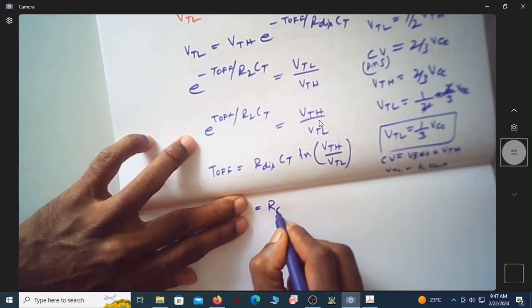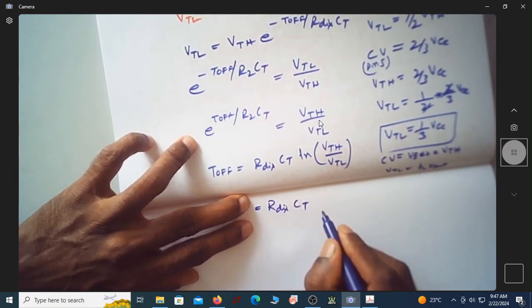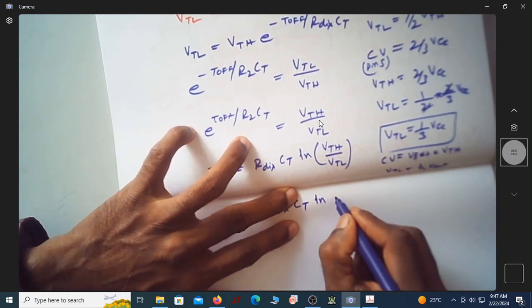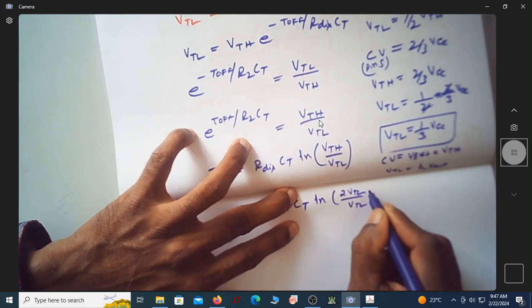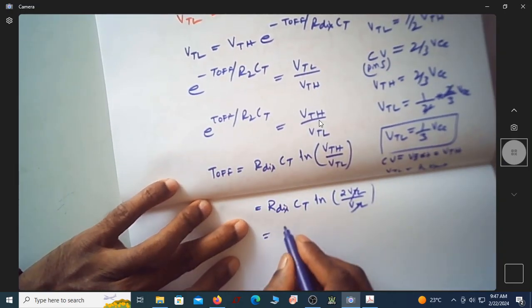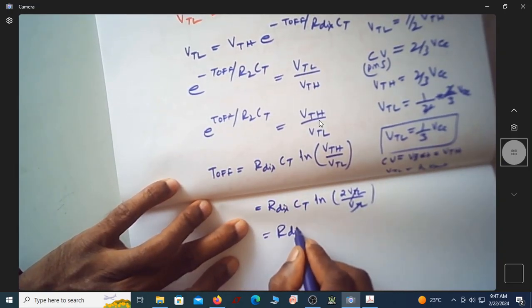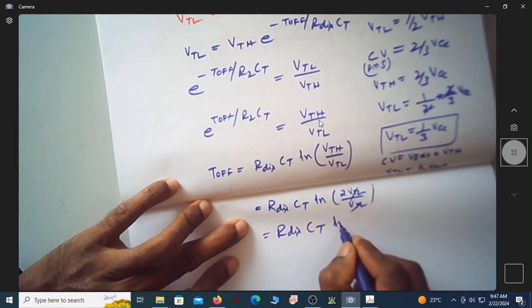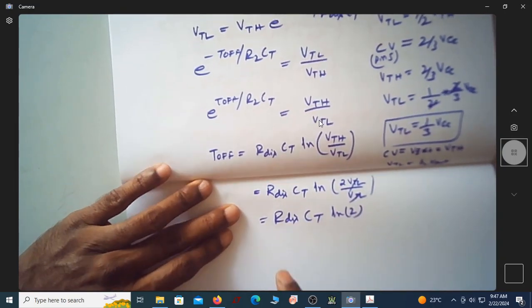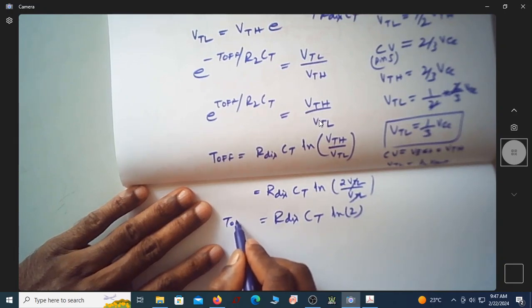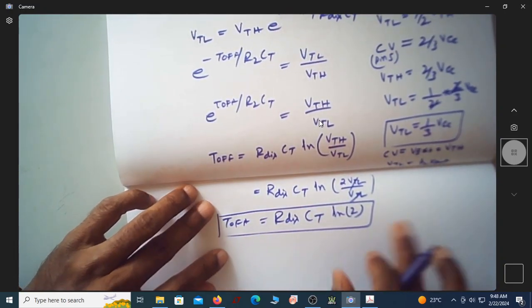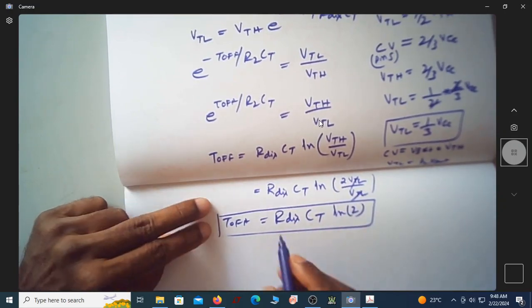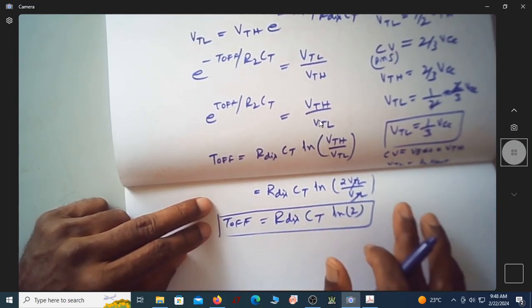Is it not R discharge CT ln of 2 times VTL by VTL? Does this VTL go off? So is it R discharge CT ln of 2? This is the off time, irrespective of the control voltage, whether the control voltage is 2/3 VCC, or an external voltage, whatever.